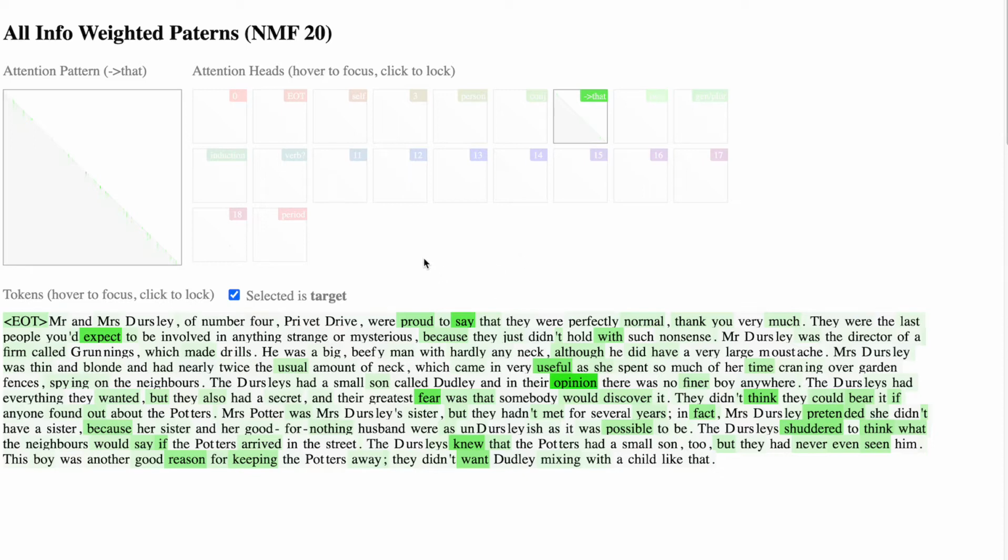Like they were proud that, or proud to say that, with that, you could think that, you could have an opinion that, you might fear that, you could have a reason that, you might want that somebody do something. You might expect that. In a lot of cases, you elide the that informally. So when we say opinion, it's really their opinion that there was. It's all these places where something like that could be introduced.